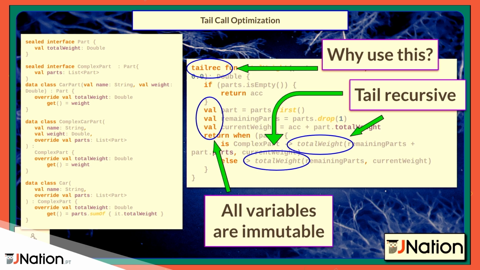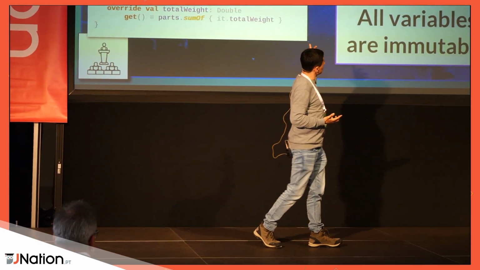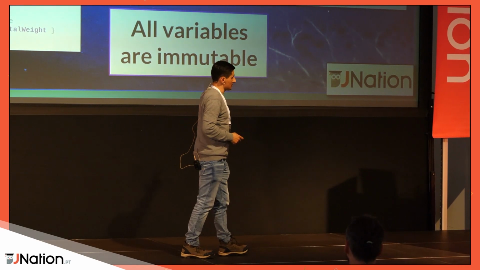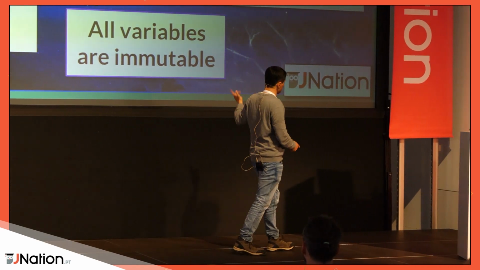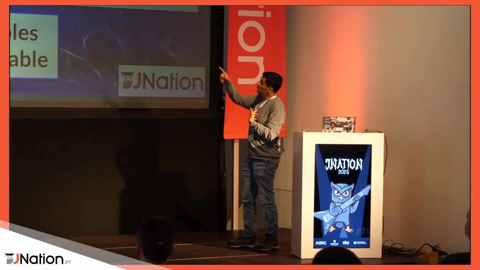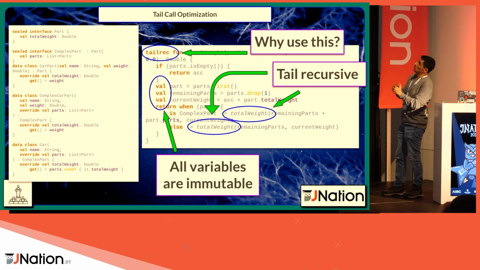As you know, when we are working with Kotlin, it's not very idiomatic to use var everywhere. So a function like this that is tail recursive allows us to use immutable variables, and it also allows us to use that tailrec keyword there.